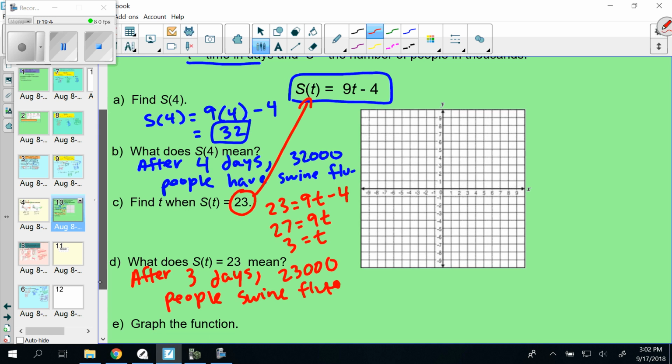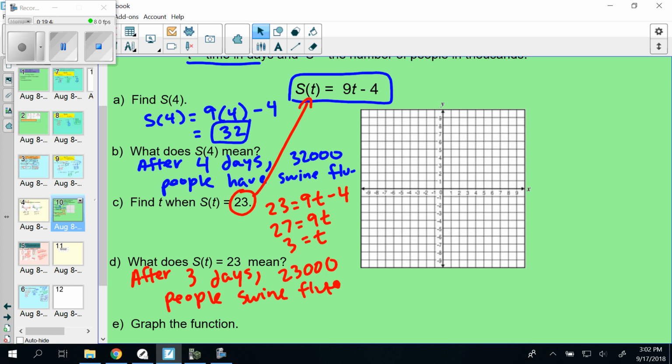All right, last part, they want us to graph this. If we go over to the graph now, we have 2 points. We should be able to look and see what the graph is doing. We have this point here of (4, 32). At 4, we would have the value of 32, and our y-axis doesn't really work with what we got here.